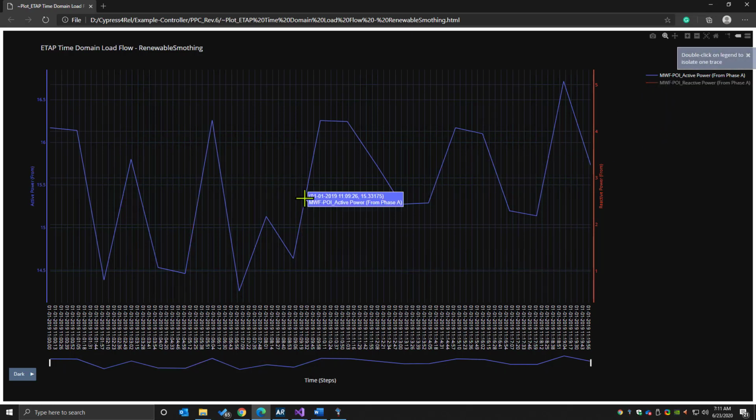We can of course disable our reactive power for a temporary purpose and see that our active power is fluctuating significantly in the system, and there's not much control that the energy storage device is providing, because we are allowing the plant to drift up to 8 megawatts per minute, which is a significant drift in the system.